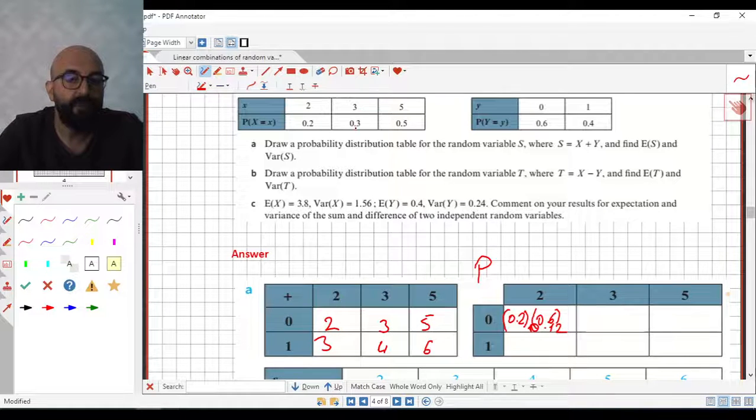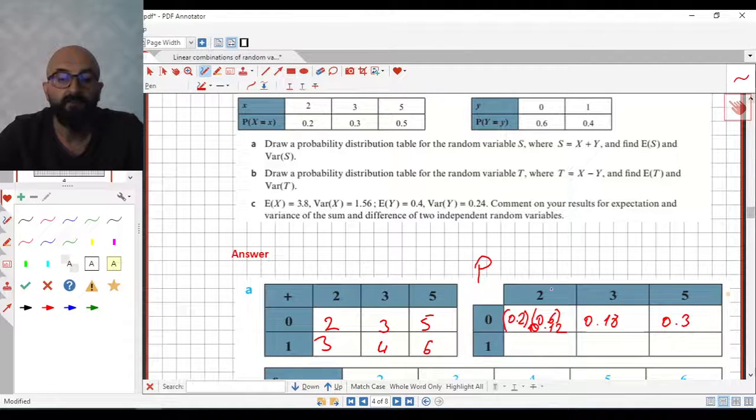For 3 and 0, 0.3 times 0.6 becomes 0.18. For 5 and 0, 0.5 times 0.6 becomes 0.3.